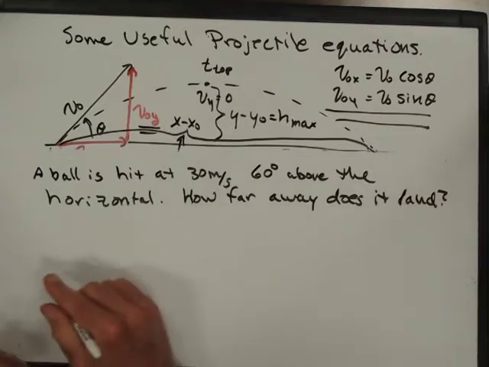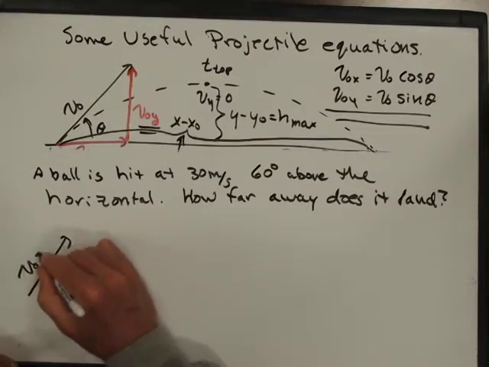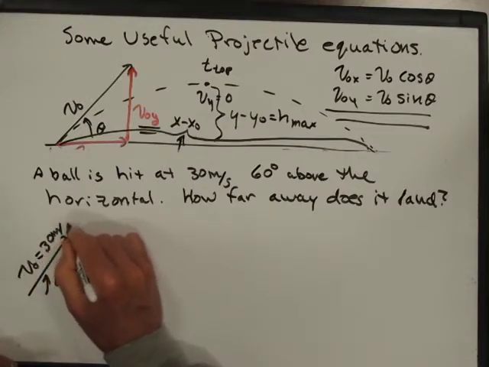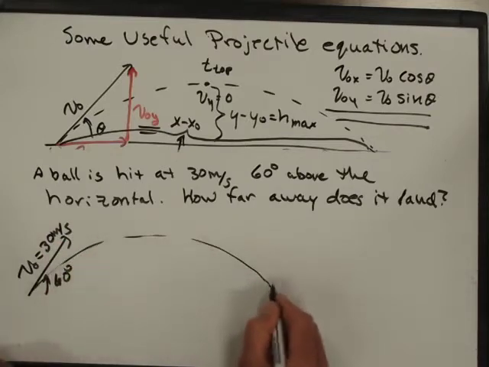So a ball is hit at 30 meters per second at an angle of 60 degrees. And so they're asking us for the range, right?